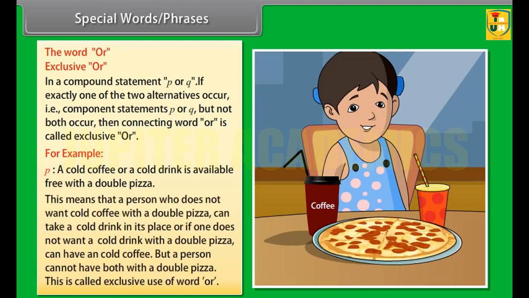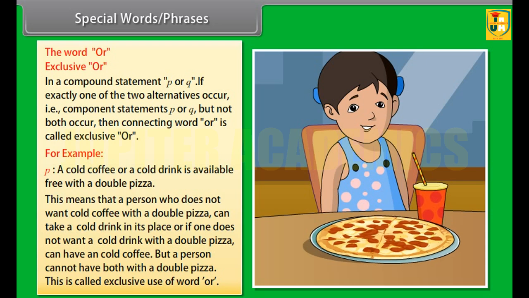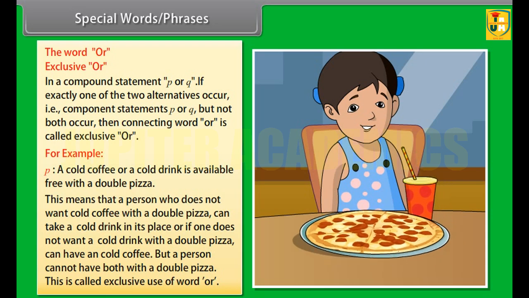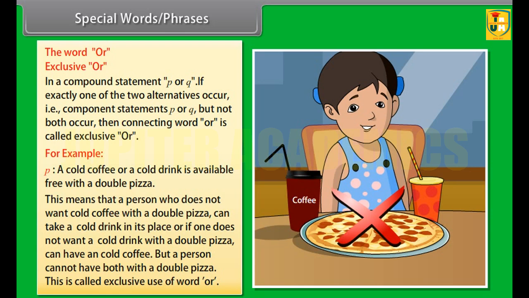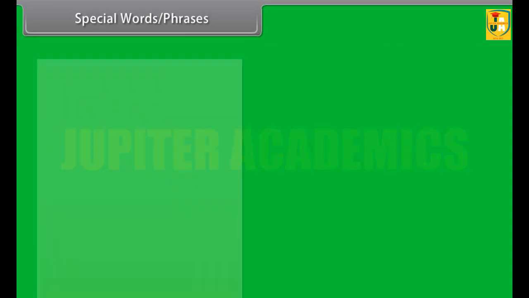This means that a person who does not want cold coffee with a double pizza can take a cold drink in its place, or if one does not want a cold drink with a double pizza, can have a cold coffee. But a person cannot have both with a double pizza. This is called exclusive use of the word or.